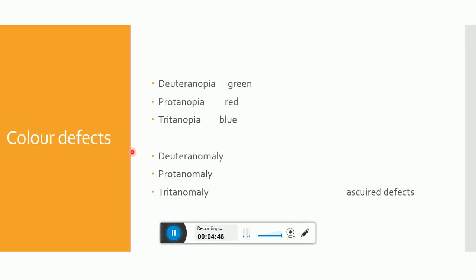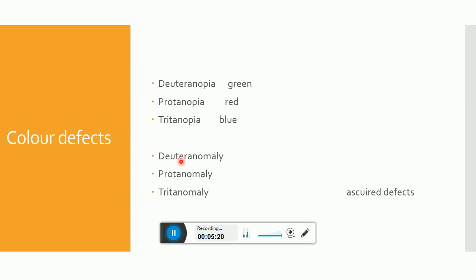Color defects. Congenital color vision defect occurs if a cone pigment is absent or if there is a shift in its spectral sensitivity. Hence, deuteranopia, protanopia, and tritanopia indicate absence of green, red, and blue cone function, and deuteranomaly, protanomaly, and tritanomaly indicate a shift in the corresponding cone sensitivity.